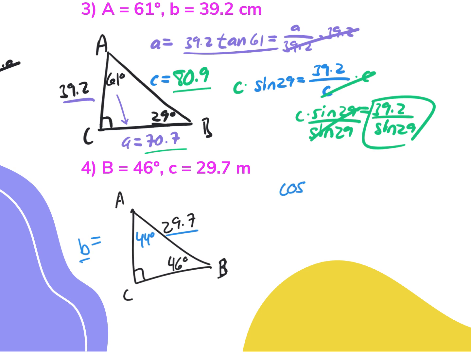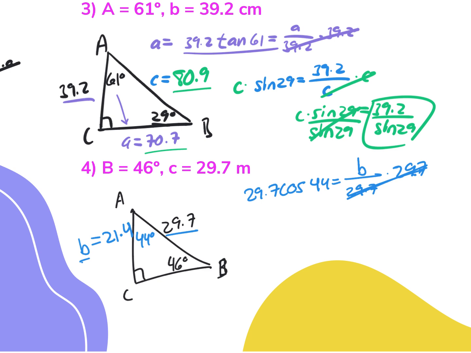So let's say cosine of 44 is B, our adjacent, over our hypotenuse, which is 29.7. Then I can multiply 29.7 on both sides and cancel it out, and 29.7 times cosine of 44 is going to get you your answer, which to the nearest tenth is 21.4.